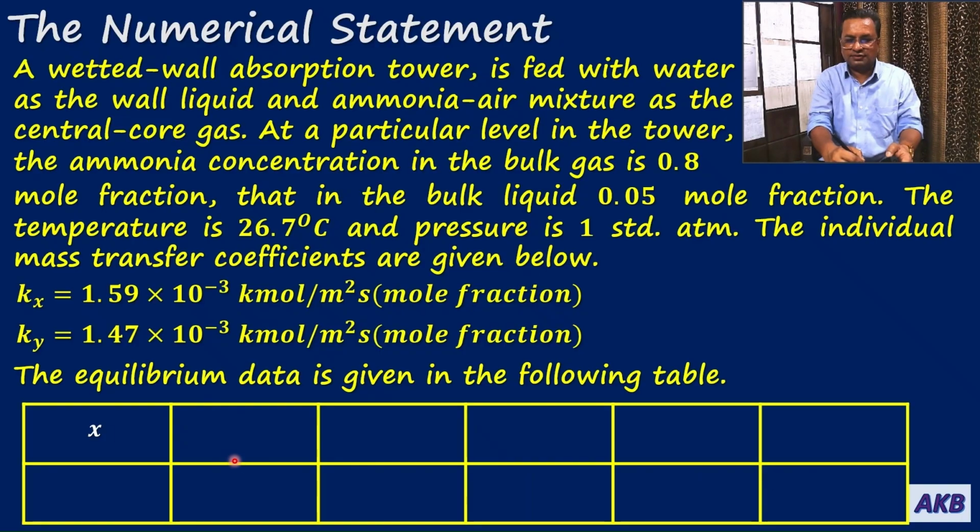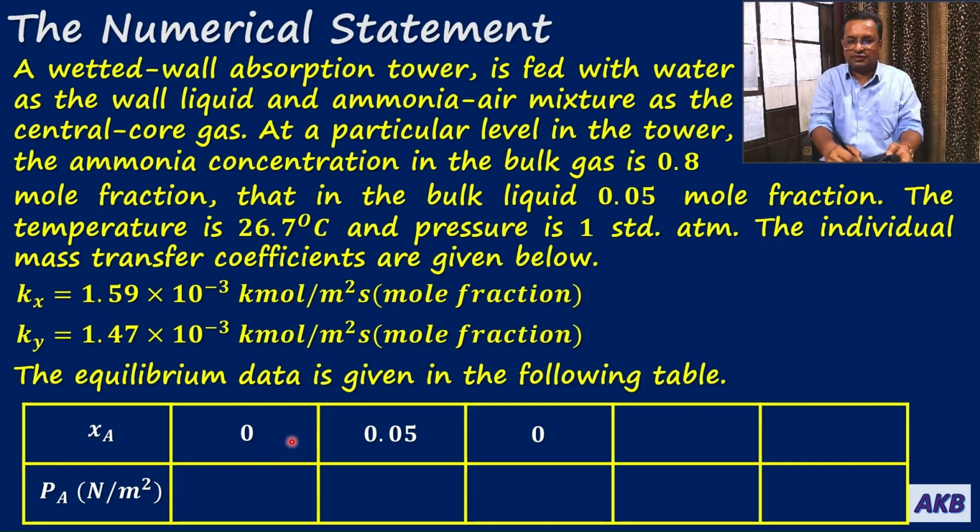So you have a table. We have different values of Xa, where A represents ammonia, the mole fractions of ammonia in the liquid phase, and in the gas phase we are provided with the partial pressure of ammonia, which is given in Newton per meter square.